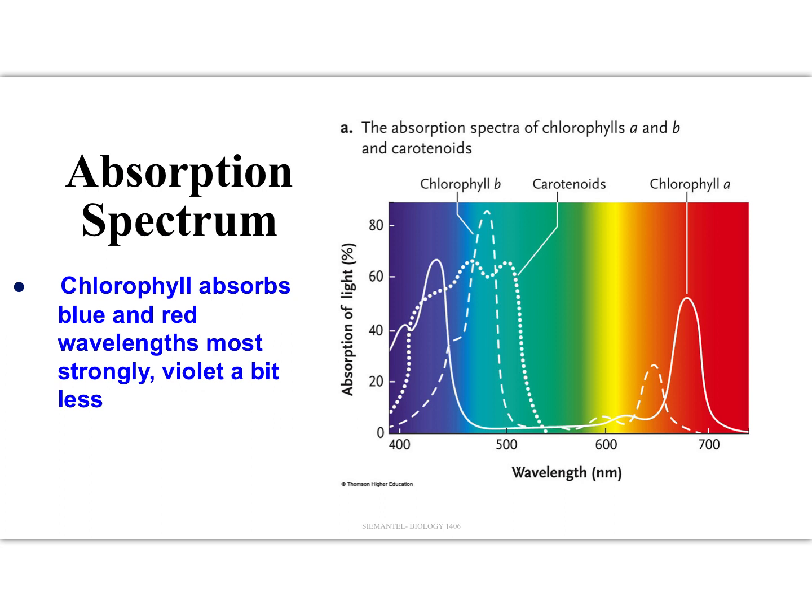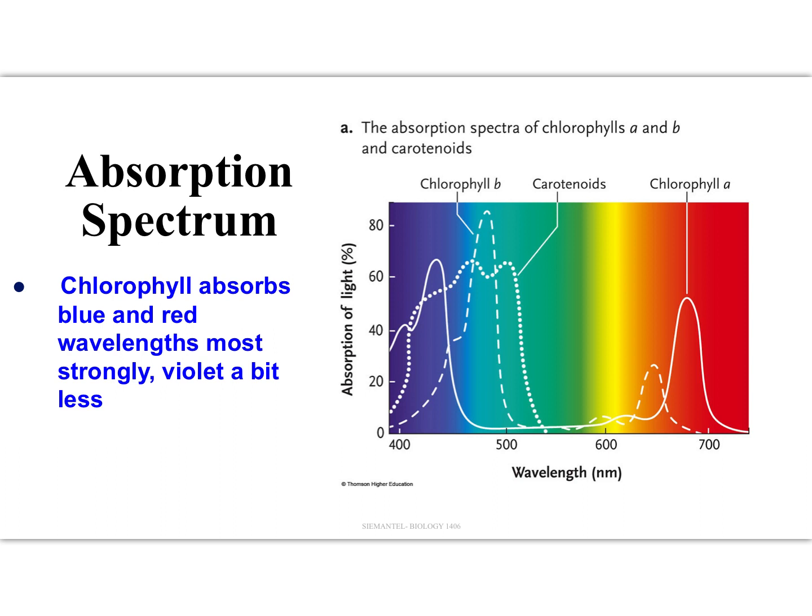So this graph is what we would refer to as an absorption spectrum. And what it does is it shows us the percentage of light absorbed by the different pigments in the different color ranges or wavelengths that light energy corresponds to.